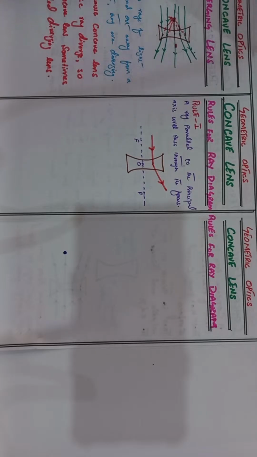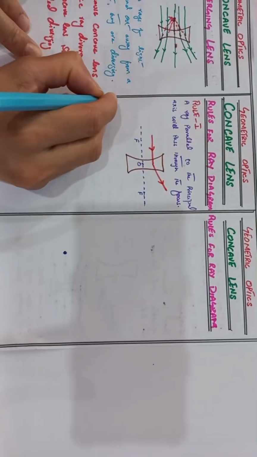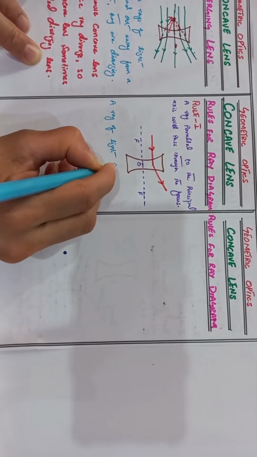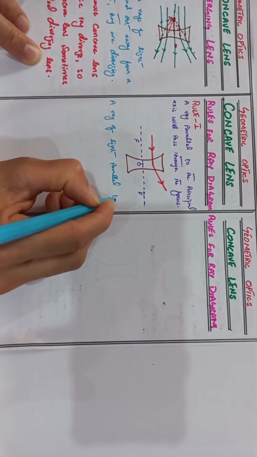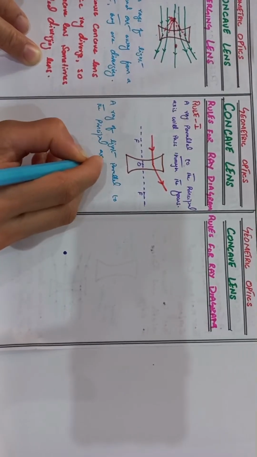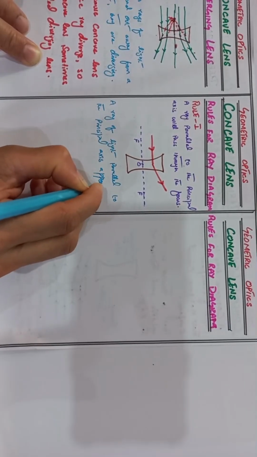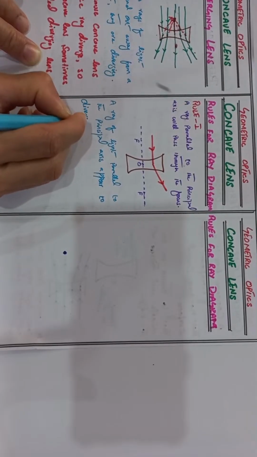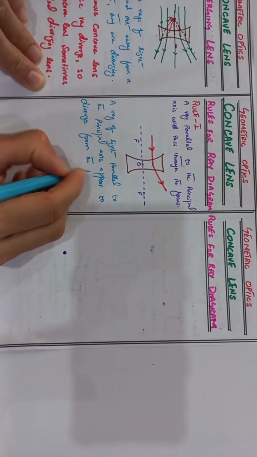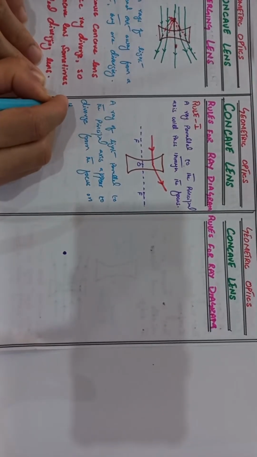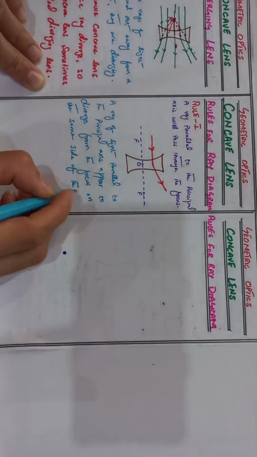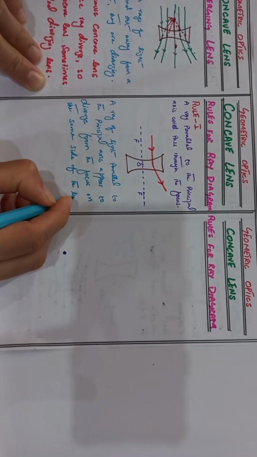So here we write that a ray of light parallel to the principal axis appears to diverge from the focus on the same side of the lens.